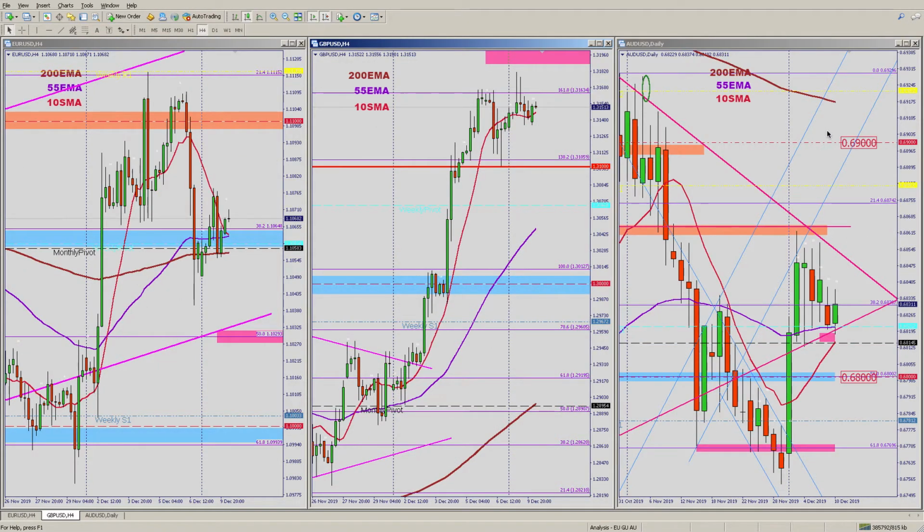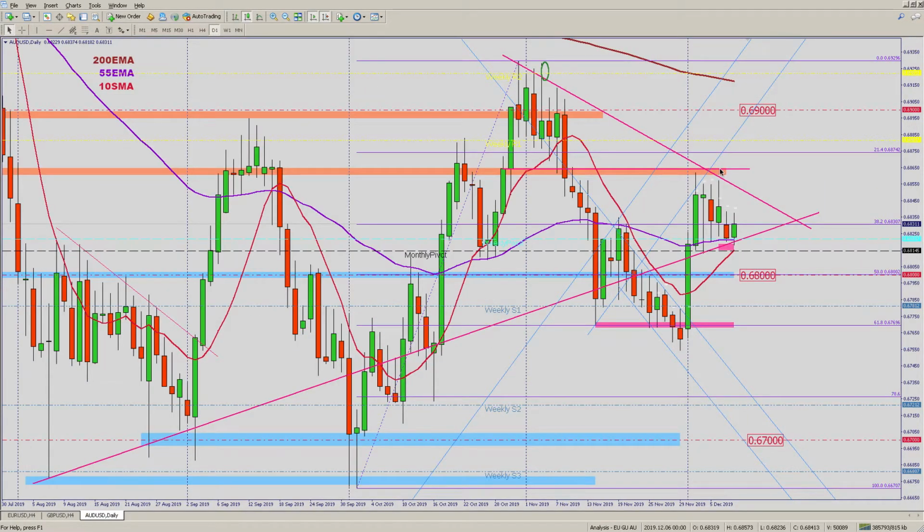All right, let's take a look at the Aussie dollar. And Aussie dollar is still holding on at the support level at the new weekly pivot at 0.6822, just above the monthly pivot as well, and right at the daily 55 EMA.